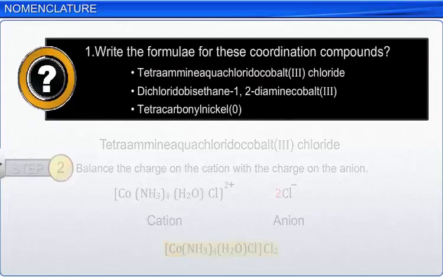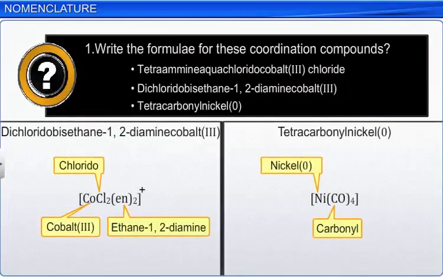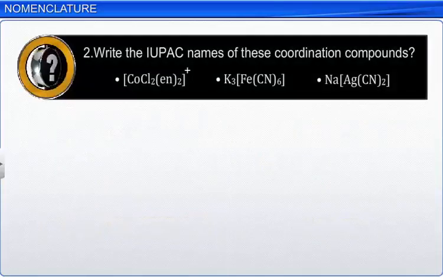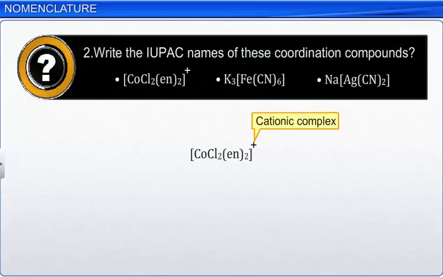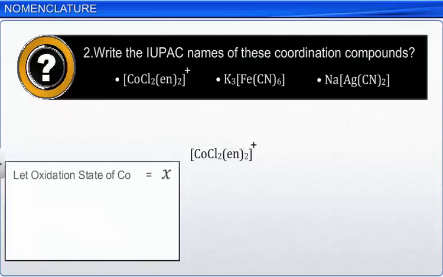Coming to the second question. The first complex is a cationic complex and has 2 chloride ligands and 2 ethane-1,2-diamine ligands. The oxidation number of cobalt, as calculated here, is +3. Following the alphabetical order in naming the complex, chlorido ligands are named first, followed by ethane-1,2-diamine.